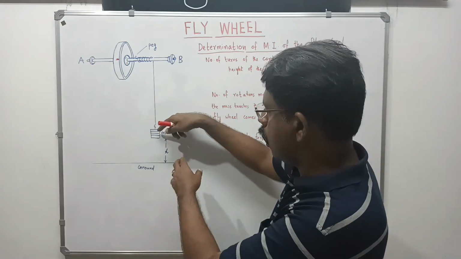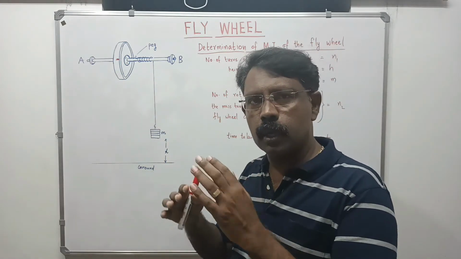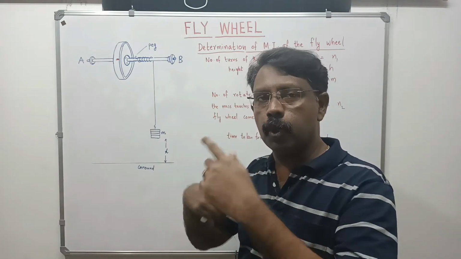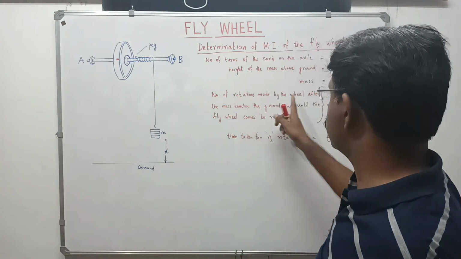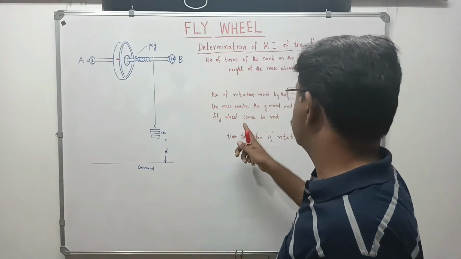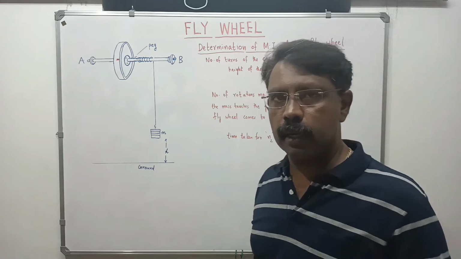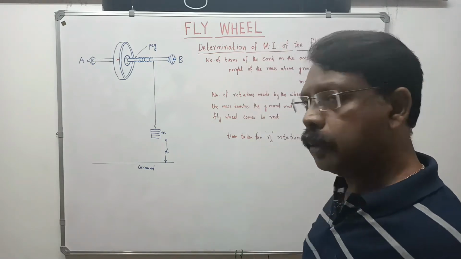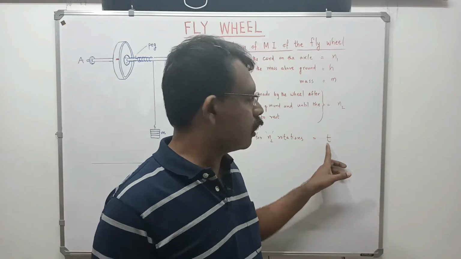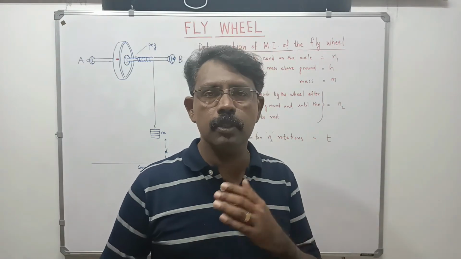So after the mass touches the ground and until the flywheel comes to rest, it will make N2 number of rotations. That is taken as N2, and the time taken for these N2 rotations is taken as T, which is obtained from the stopwatch.